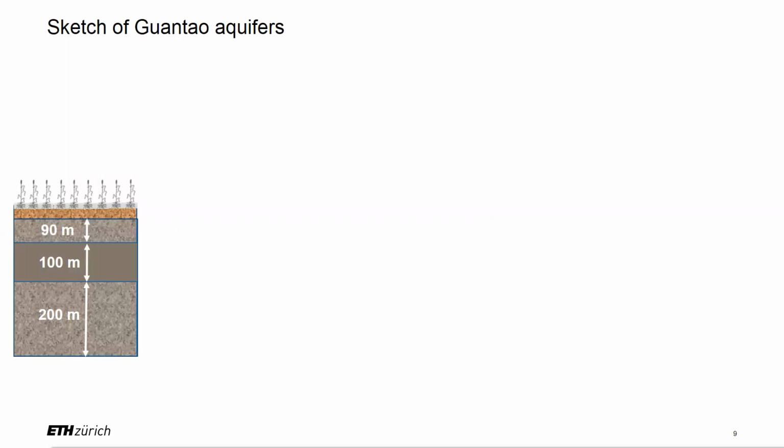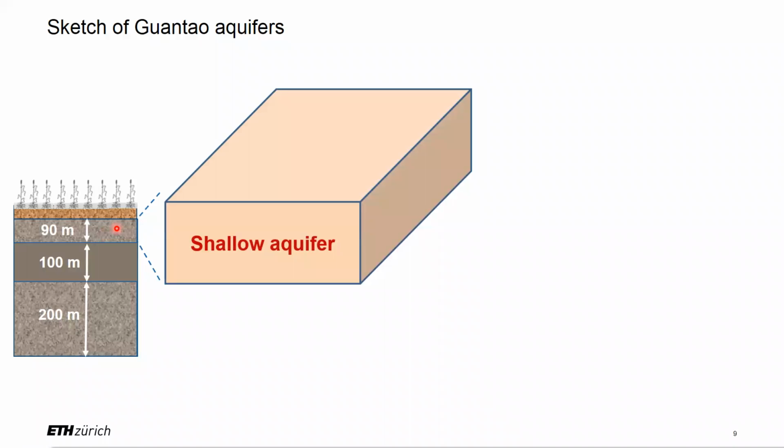This is the sketch of the Guantao aquifers. The shallow aquifer's thickness is around 90 meters, and there is about 100 meters of aquitard between the shallow aquifer and the deep aquifer. We focus on this shallow aquifer.